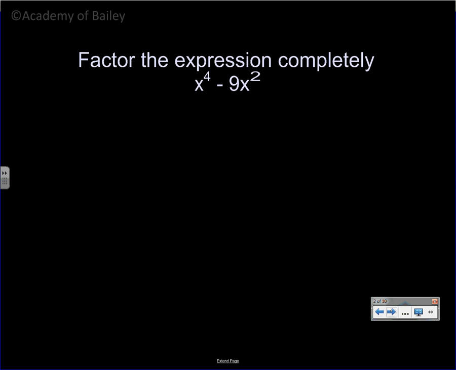Let's get started here. If this says factor the expression completely, the key word here is completely, and that seems to be what throws off most people who have trouble factoring completely, is that they factor, but they don't factor down as much as possible. It's kind of like, say we have a fraction 16 over 24, and we want to simplify it.